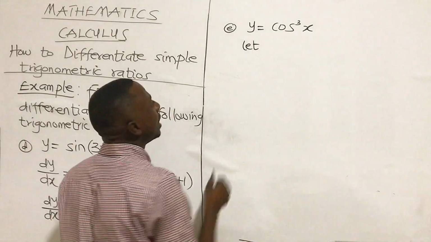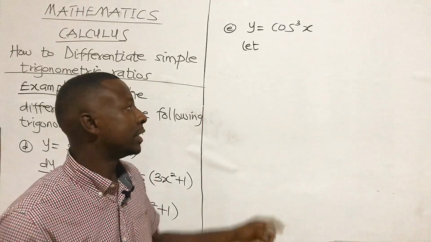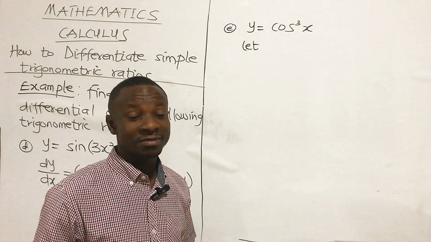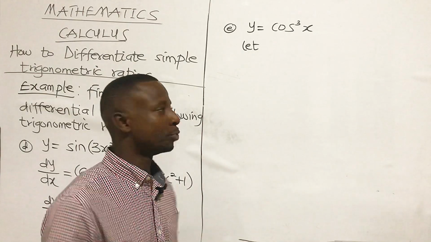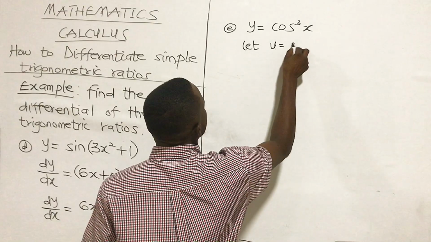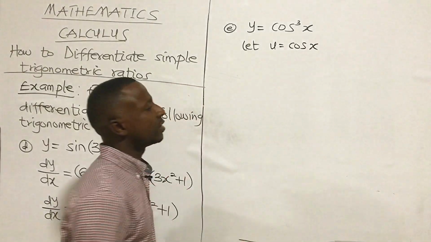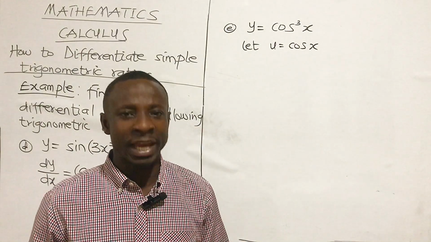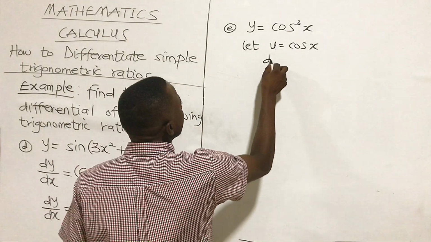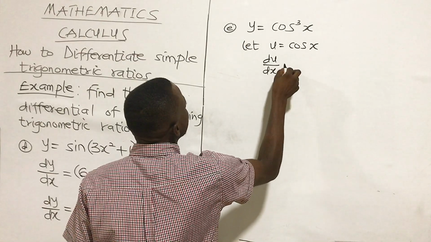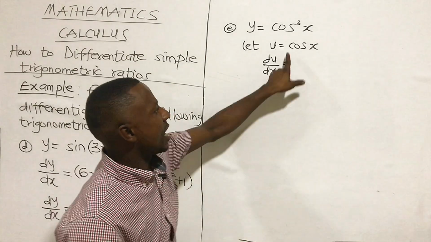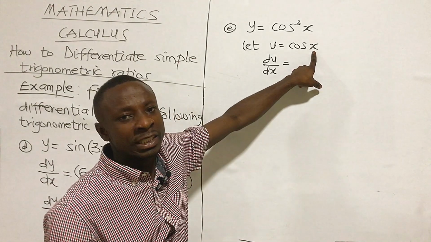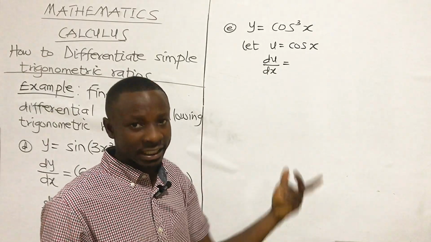So we are going to let any variable of our choice represent cos x. Which variable do you want to use? Okay, let's use u. Let u be equal to cos x. So here we are going to differentiate u with respect to x. So du over dx is equal to, and when we are differentiating, we first of all differentiate the function which is x.